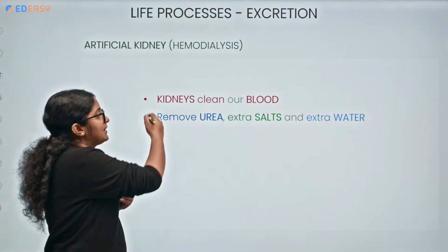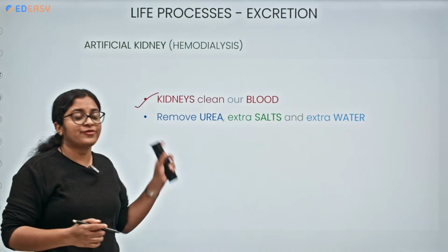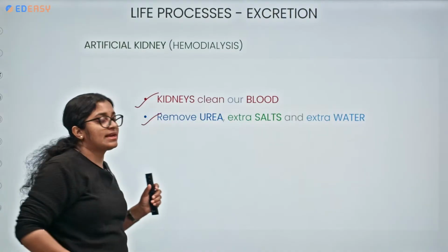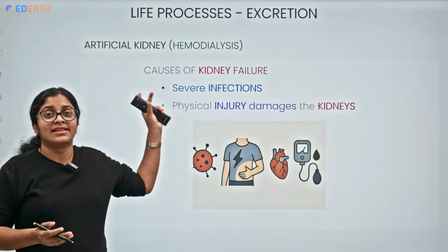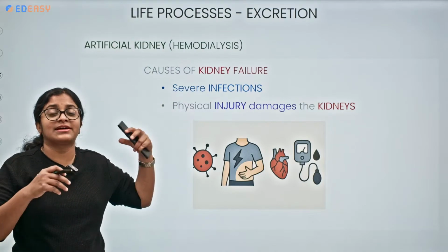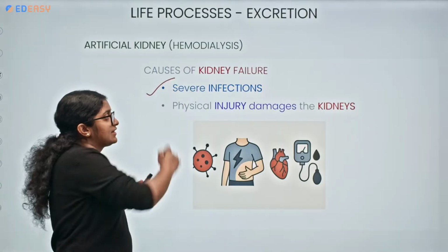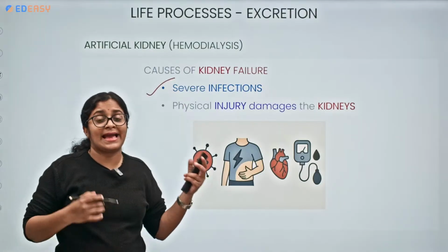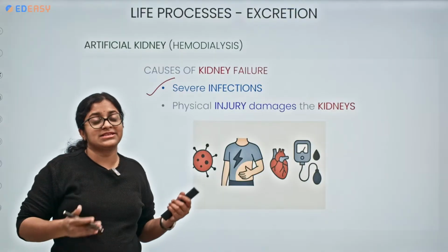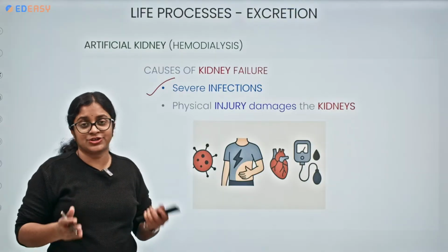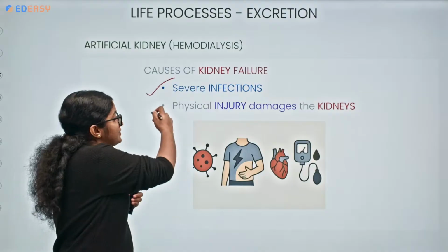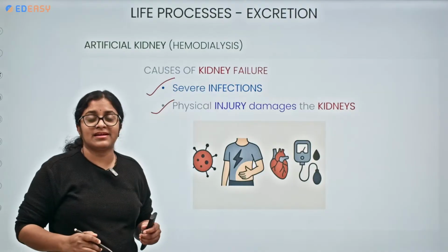They remove the extra salts and urea. There might be many causes of kidney failure. It might be because of severe infection, or sometimes when accidents occur, there might be physical damage to the kidneys.